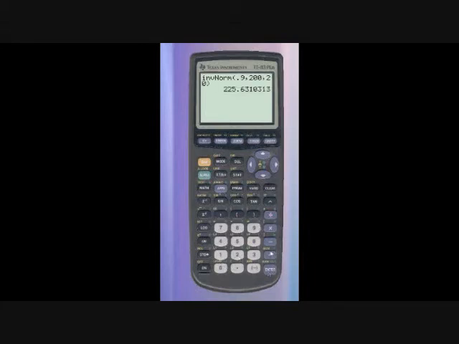Close it with a parenthesis, hit enter, and you should get 225.6310, which means to be in the top 90th percent when mu equals 200 and the population standard deviation equals 20, you need to be at or above this number.